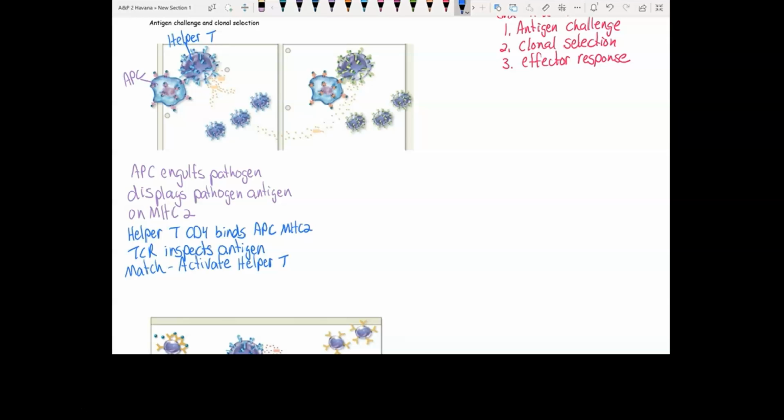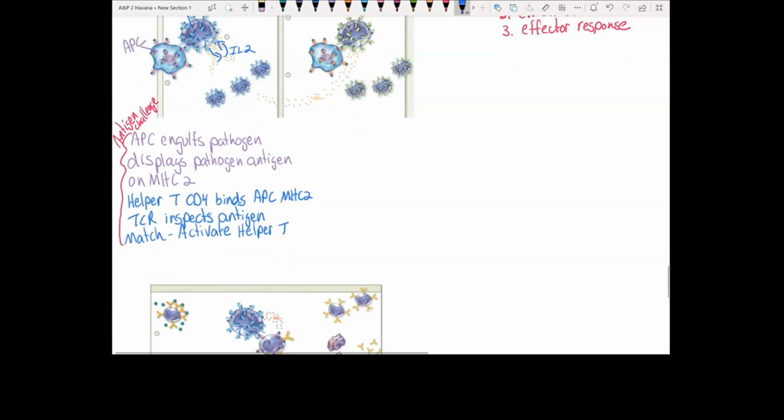Okay. This part is antigen challenge. So what we have described here, this is antigen challenge. Now that you have your matching helper T, we need a whole army of these helper Ts to fight the infection. So now we're ready for clonal selection. So the helper T, notice, has chemicals that come out, and these chemicals loop back around to the helper T. This is interleukin-2.